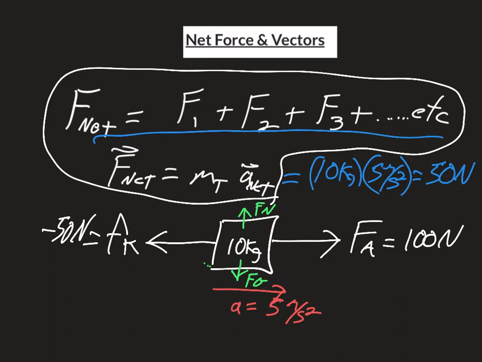My net force would still be zero there because even though 10 times a negative 9.8 is going to be negative 98 newtons, I know that that normal force just must be a positive 98 newtons, and so they canceled each other out in the y direction. Since it's canceled out in the y direction, I don't have to worry about it moving anywhere but in the x direction, and that's the only way that I have my acceleration.